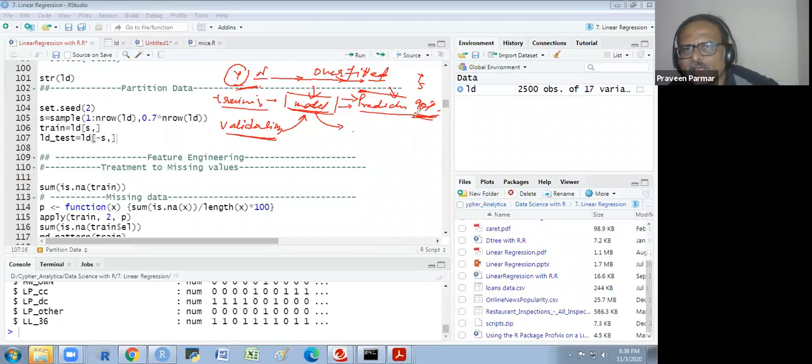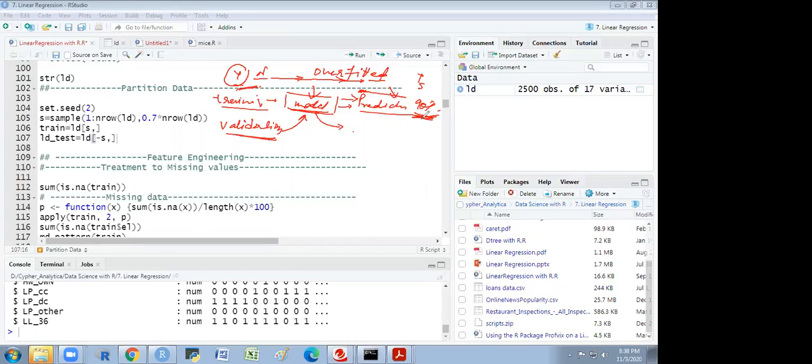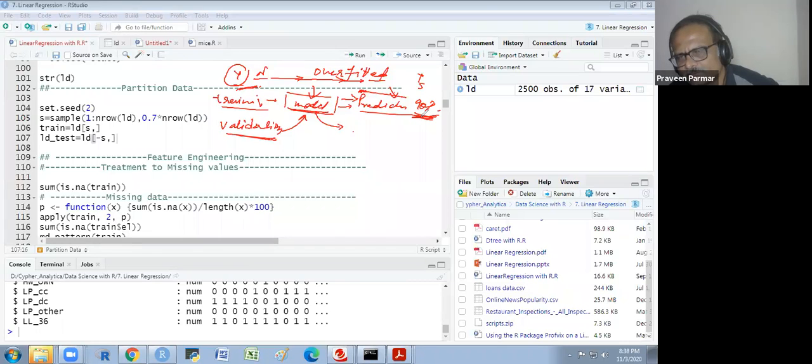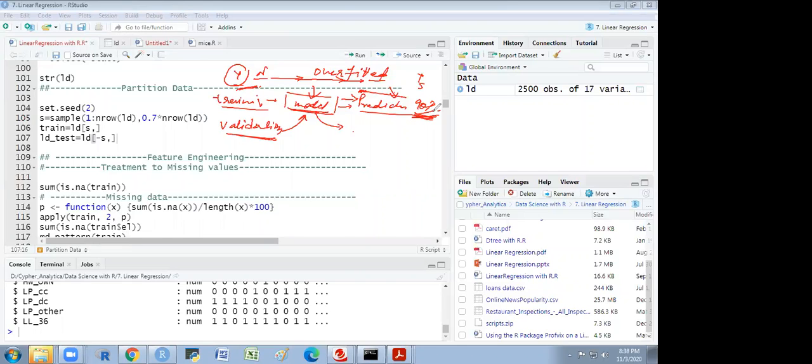If there is higher accuracy, it means our model is a little bit overfitted. That is dangerous for us if it is giving the high accuracy. And then what do we do with the test data, sir?